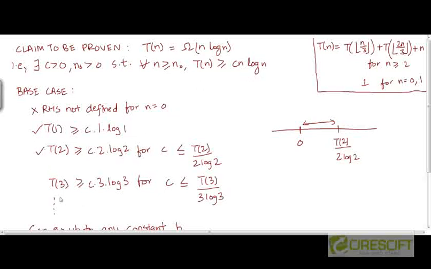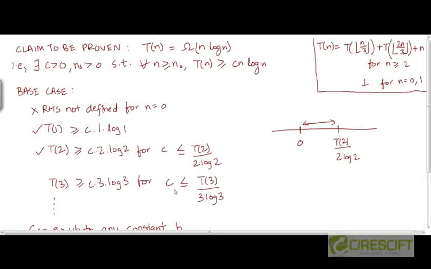Similarly, we can prove that the claim will be true at n equal to 3, provided that c is less than or equal to t of 3 divided by 3 log 3. T of 3 is going to be some constant which we can evaluate using this recurrence. And so the right hand side here is going to be a constant.